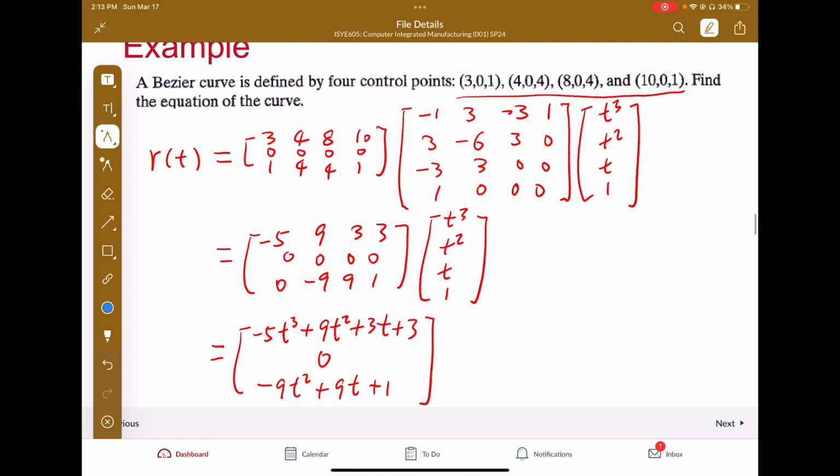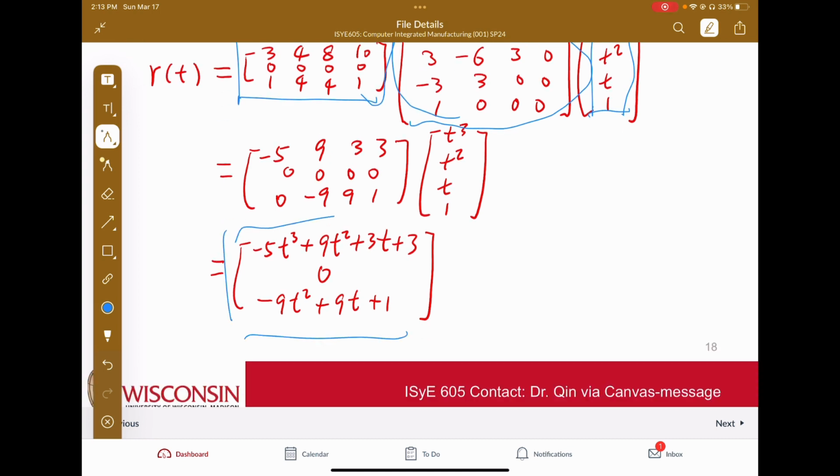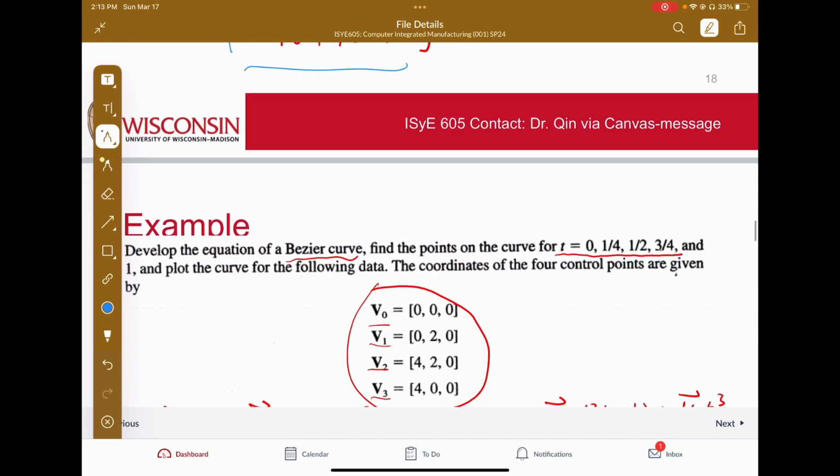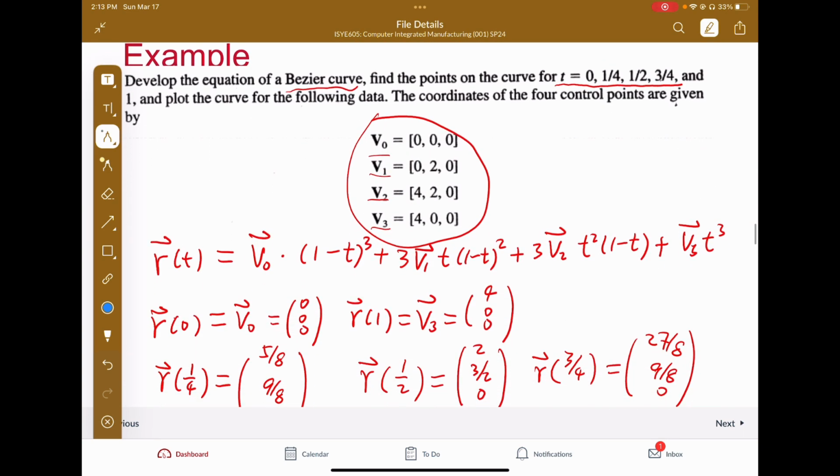And this is an example. We give just 4 points, right? You fill in the numbers to the first matrix, and this matrix is the same for cubic, and this is the same, and then you do the calculation and get the final expressions.